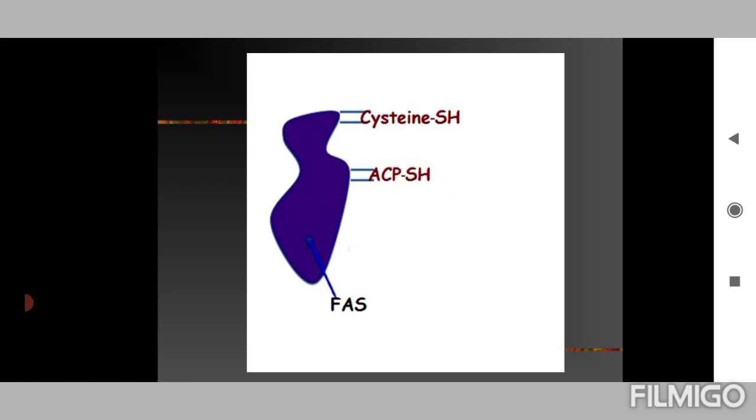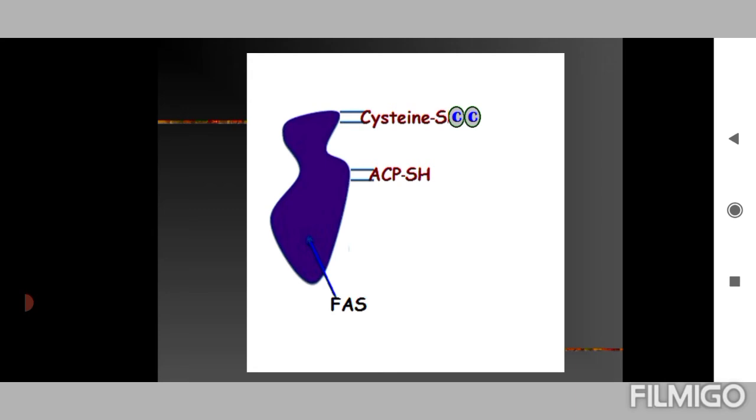The FAS enzyme also has a cysteine, a sulfur containing amino acid, having a sulfhydryl SH group here. What happens during condensation is that first the acetyl unit comes and attaches, so this becomes acetyl ACP, and this 2-carbon unit is temporarily shifted to the cysteine sulfhydryl group.